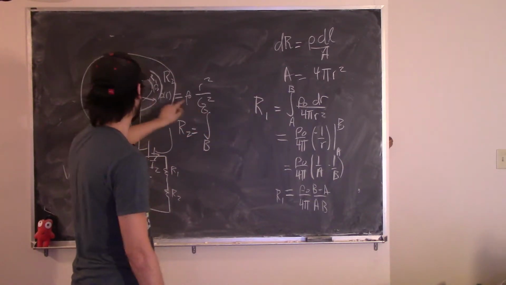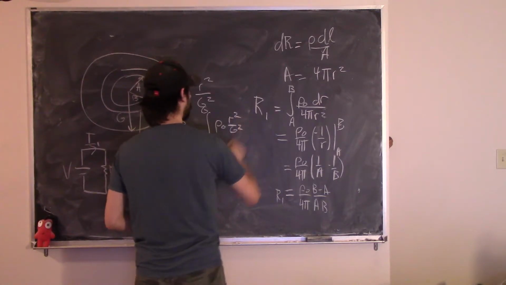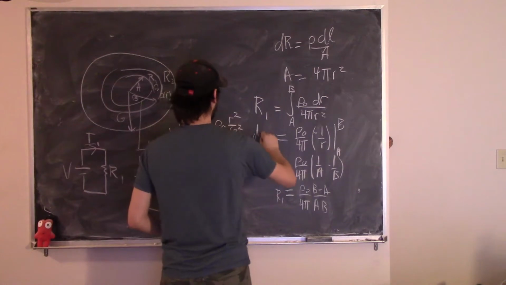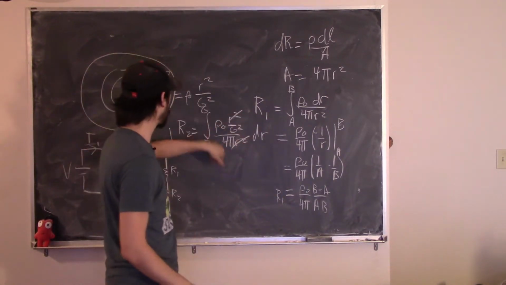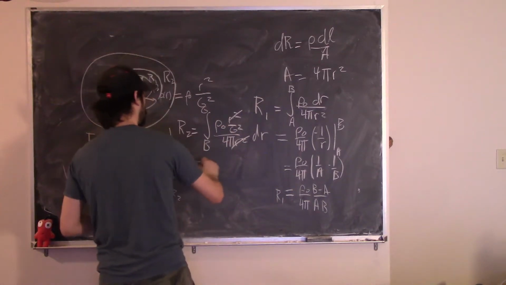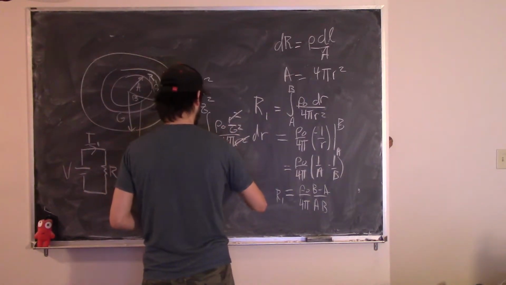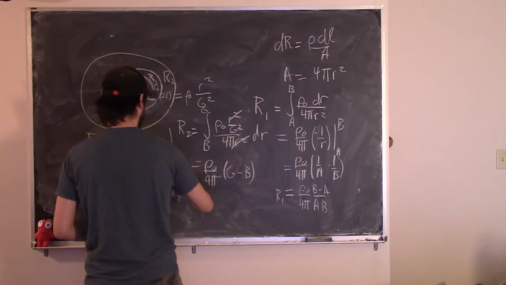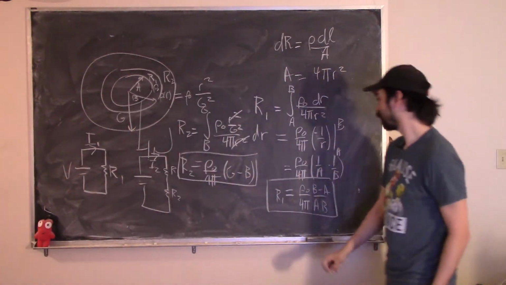So this is rho 0 r squared divided by G squared, divided by 4 pi r squared, dr. My r squareds actually cancel, so I'm just integrating over a constant. This is just rho 0 divided by 4 pi times G minus B. Okay, and that's R2. So I have my R2, I have my R1.